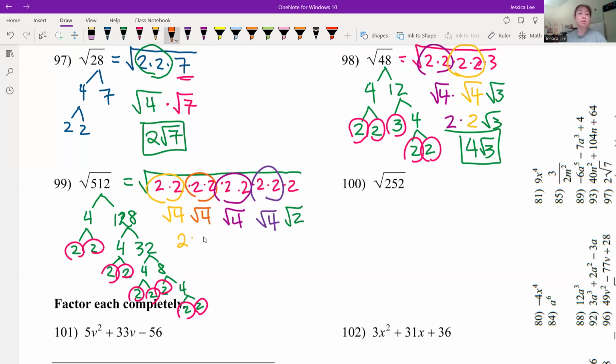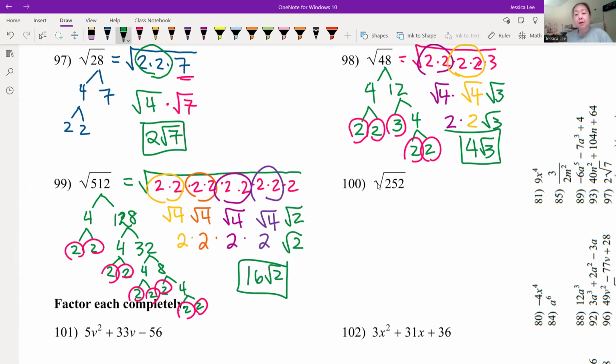It's just 2. Again, this is going to be 2, and this is going to be 2. This is a lot. And then we have our square root of 2 because that did not have a pair. So 2 times 2 is 4, times 2 is 8, times 2 is 16. So this is going to be 16 root 2.